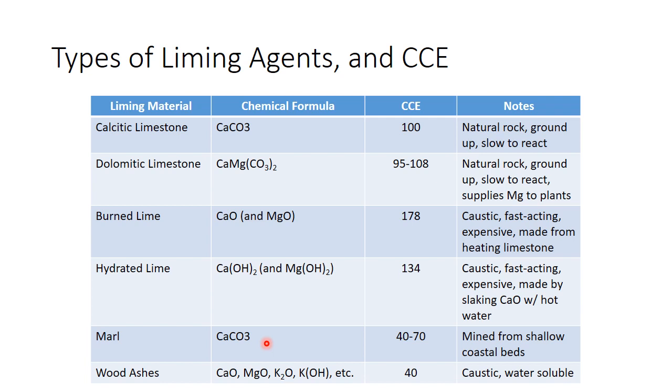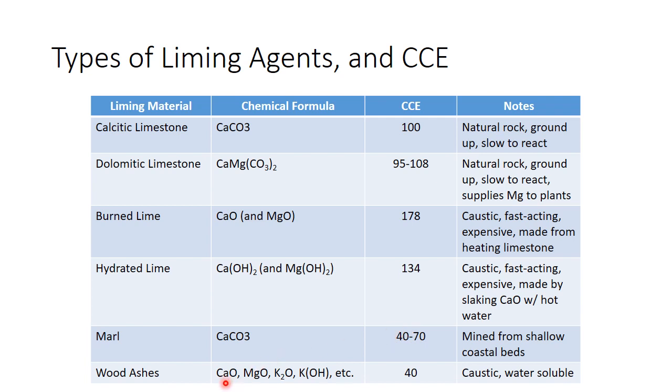So you have this big chunk of seashells. And those can be ground up and applied to the field just like lime. But there are impurities to it where not all of it is actual calcium carbonate, even though seashells are made out of calcium carbonate. And so the CCE is less effective than calcitic limestone.